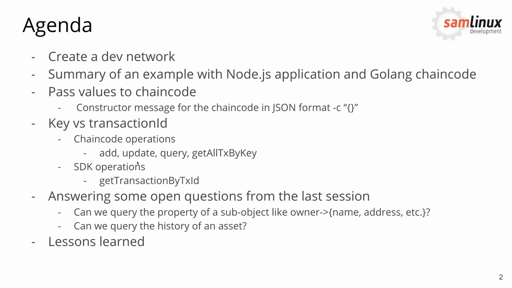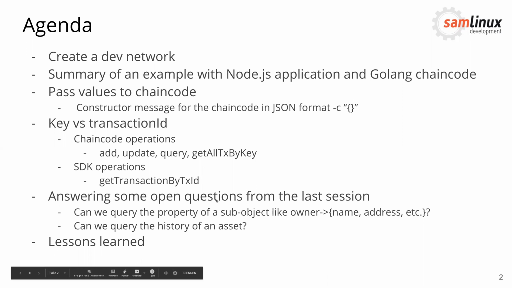Through these operations for the transactions, I asked myself, what is the difference between the key and the transaction? That's also a part I would like to show you here.